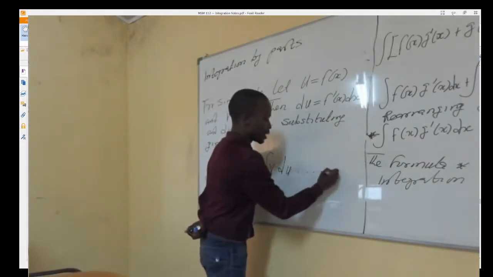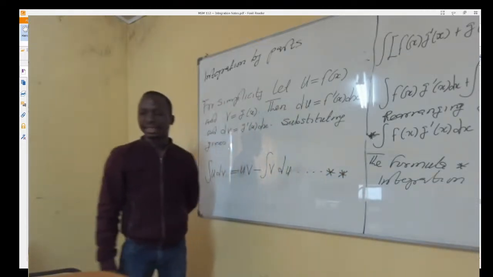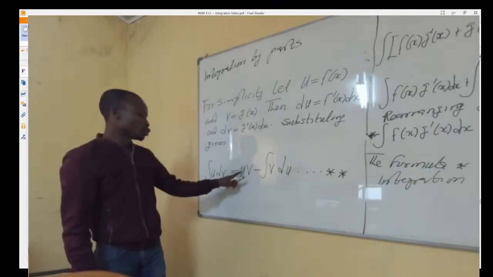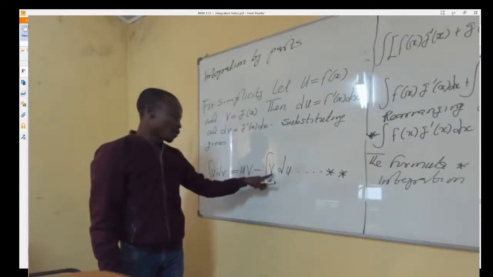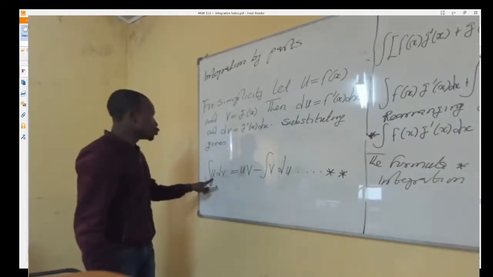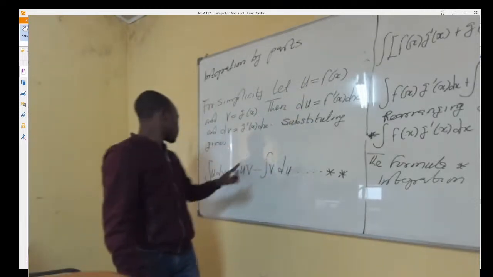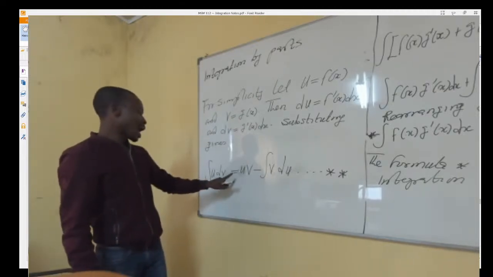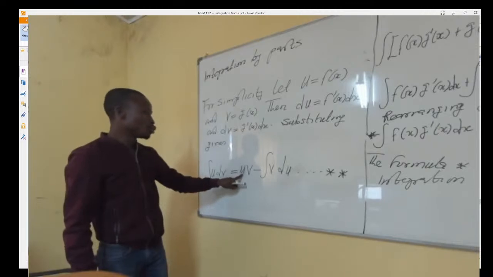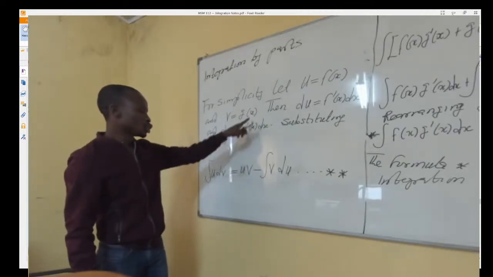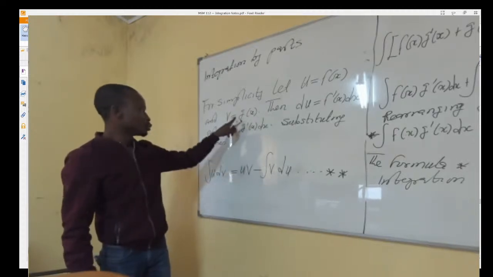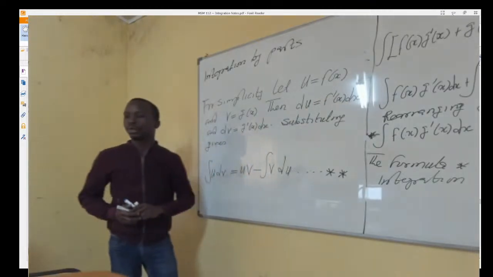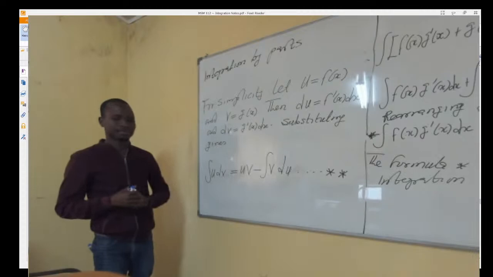So this is now the formula that I'll be frequently using when we are integrating by parts, which is the integral of u dv, which is equal to uv minus the integral of v du, where u is equal to f of x, dv is equal to g prime of x dx, v is equal to g of x, and du is equal to the derivative of f of x with respect to x times dx.